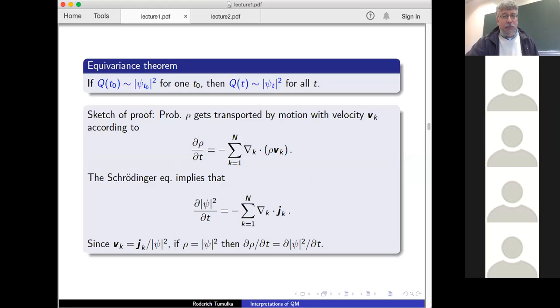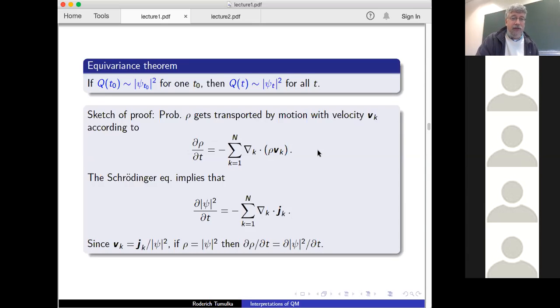You may know that a probability density rho gets transported by the motion. So if you have a law of motion on some space, in this case on the configuration space R^3n, with a particular velocity field on R^3n, here I mean the 3n-dimensional vector field on configuration space which for particle number k has the components v_k, then you get this continuity equation for the transport of rho.